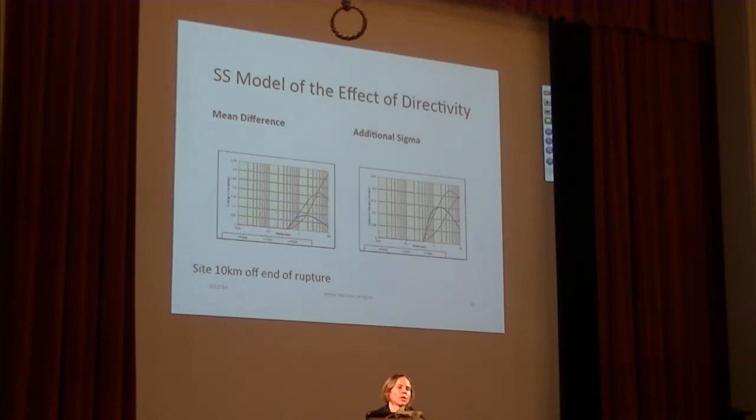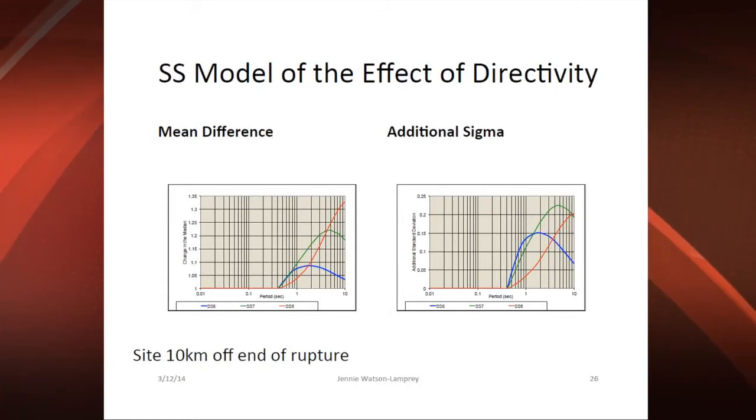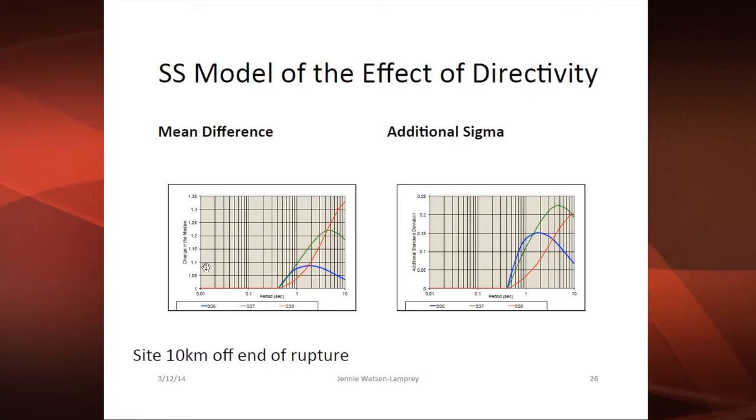Yeah, Jeff. The units on the y-axis for this ratio? The ratio between the spectral acceleration with and without this additional mean added onto it. This is the ratio of change, yeah.